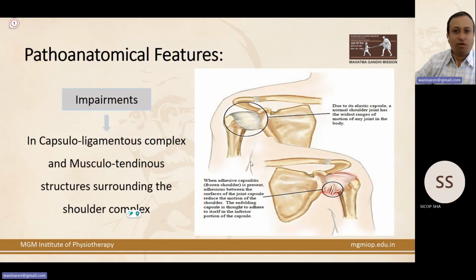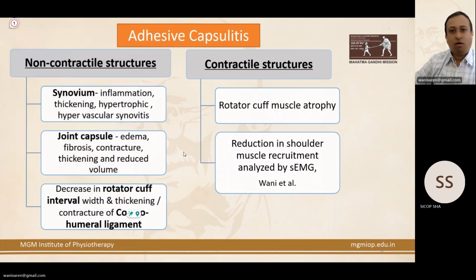Coming to the structural impairments related to frozen shoulder, it usually involves the capsuloligamentous complex and the musculotendinous structures around the shoulder complex. Pathoanatomically, we can divide the involvement of those structural impairments into non-contractile structures and contractile structures.